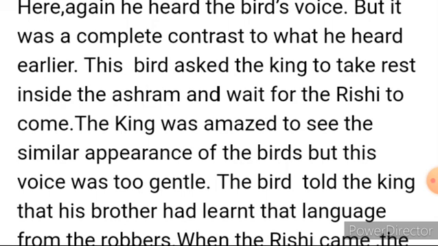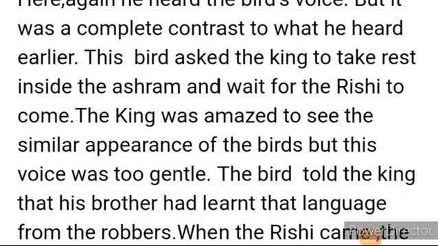There also he found a similar bird with a similar structure and color, but the voice of the second bird in the ashram was too gentle, and the bird asked the king to take rest inside the ashram and wait for the rishi to come.